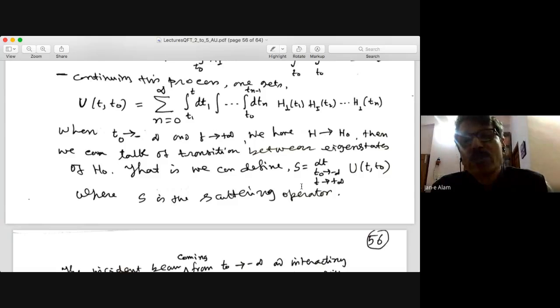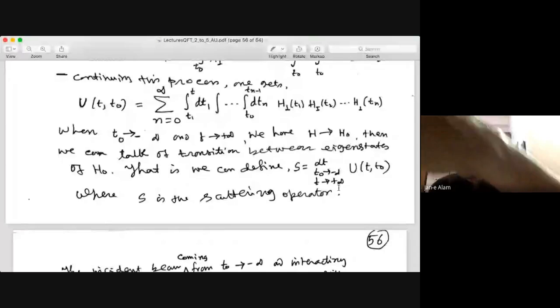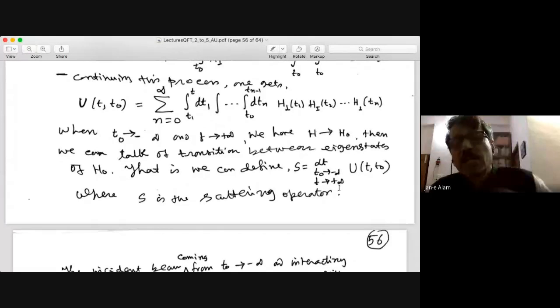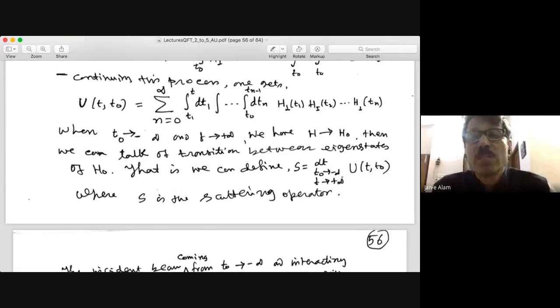In this u, the initial time t_0 tends to minus infinity, where the particle starts from the source, and t tends to infinity, the far future, when it is detected in the detector. So this u at these two limits, t_0 to minus infinity and t to plus infinity, will give me nothing but the scattering operator, or the scattering matrix.